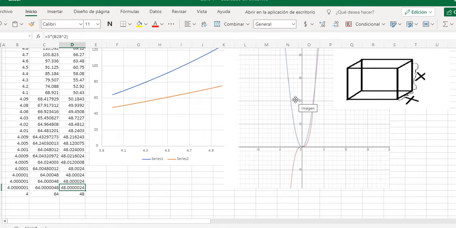This is a much broader graph, and in another scale, but it's the same.